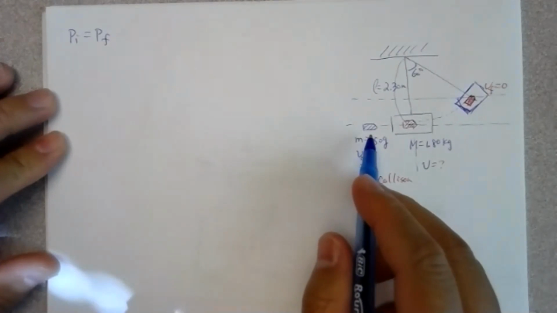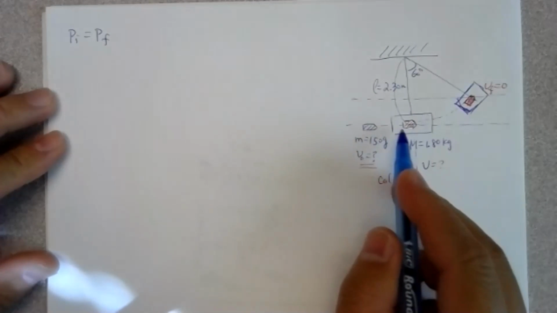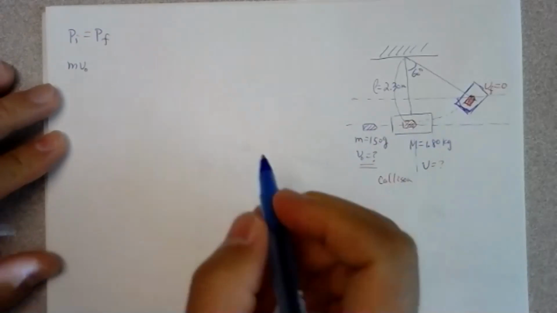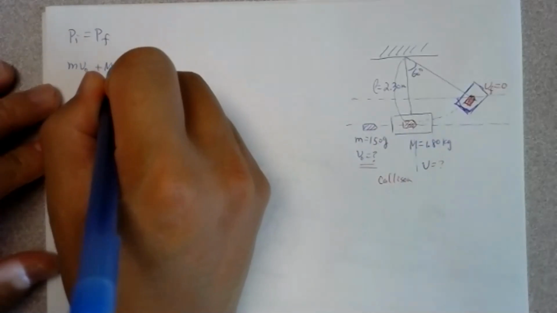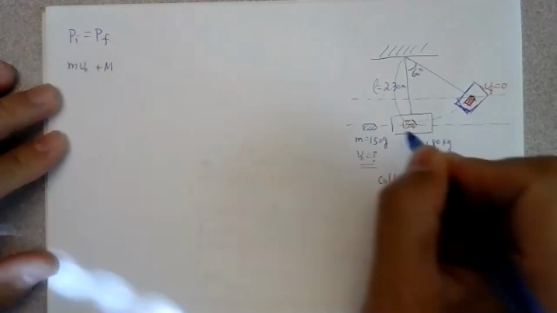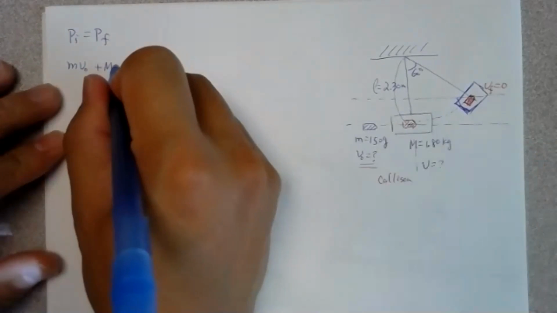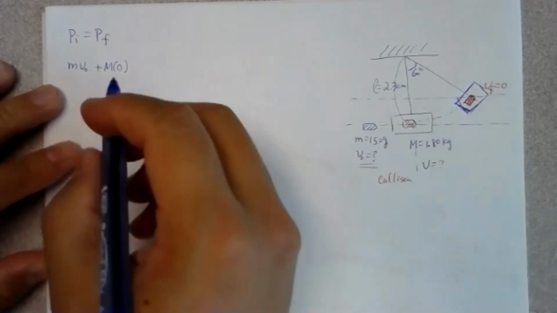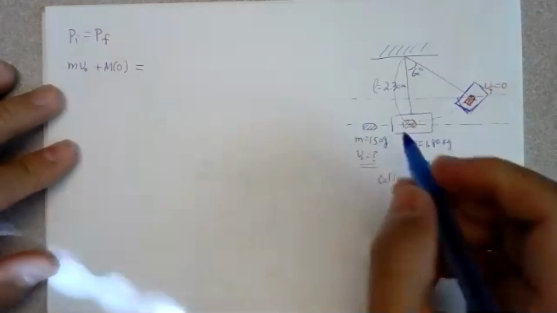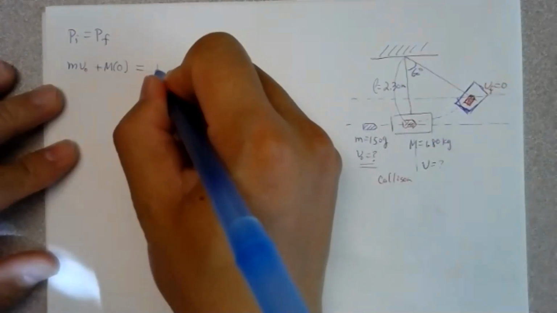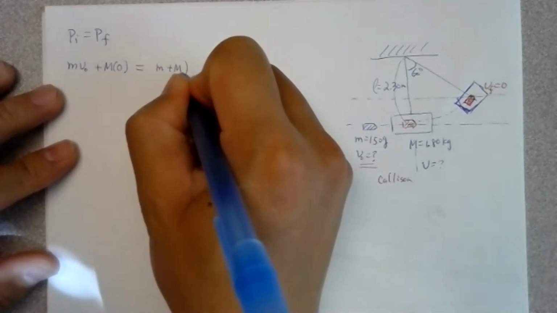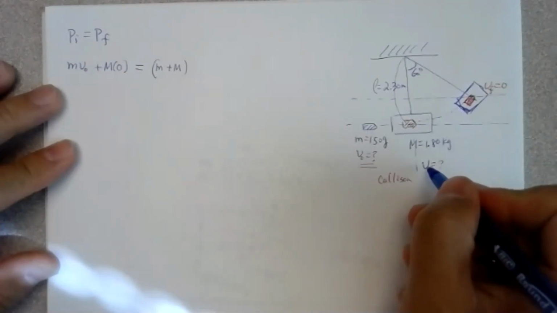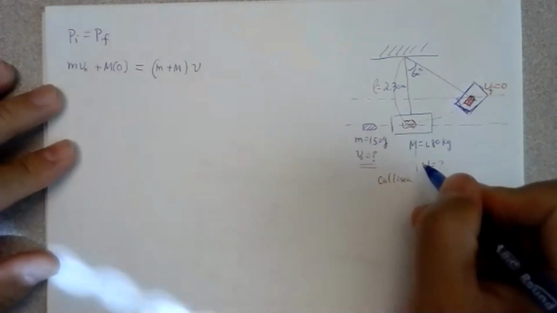Okay, so the initial momentum of the bullet plus this bob should be small m v0 plus capital M, the mass for the bob here, times its initial velocity, which should be 0, right? So this is the initial momentum. That should equal the final momentum of the system. So finally, the two stick together, so you can add their masses up, and then the velocity, you can say that's the V here.